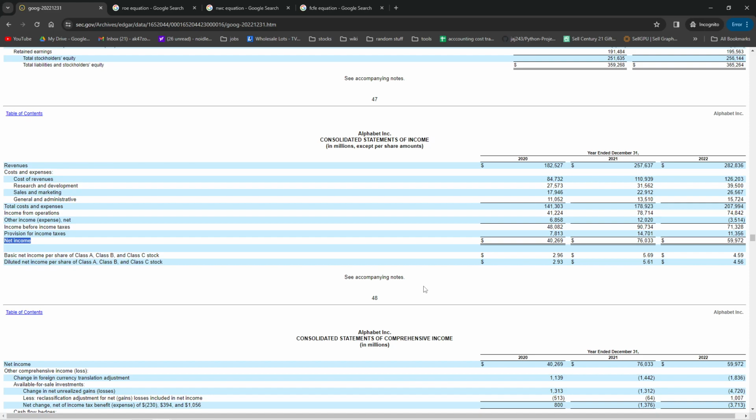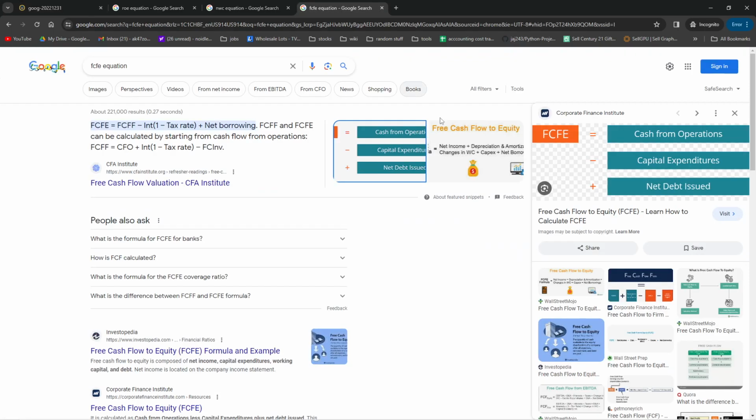There's a big difference though in that free cash flow to firm will be this type of equation, but free cash flow to equity makes a small deviation in that it adds net debt issued. Because think about it, if a company issues debt, they can use that money to then pay a dividend or buy back shares.